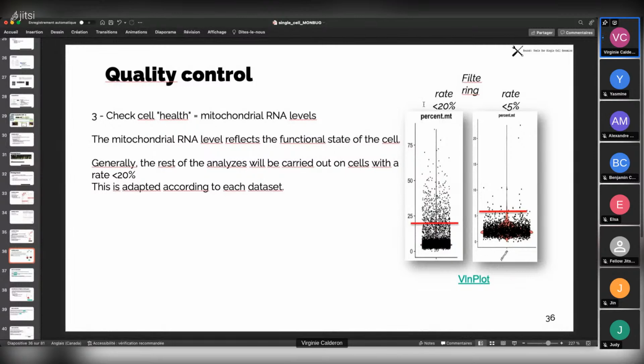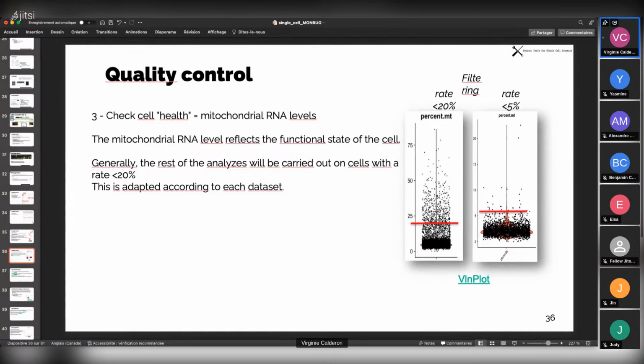That means that we will keep the cells that have a rate lower than 20% of mitochondrial RNA. This is in this case because we see that most of the cells have a percentage around maybe 5% or 10%. By doing this, we are going to remove all these cells from our data.